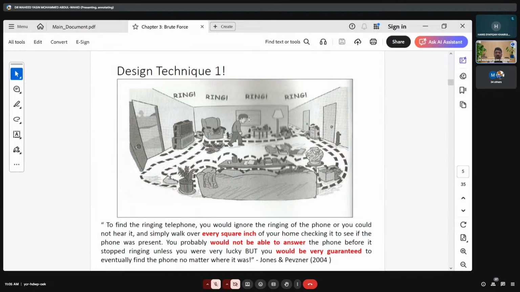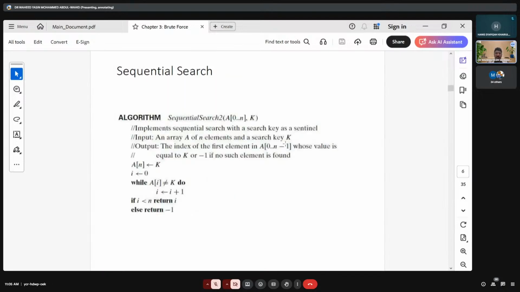Here we go over all the home searching for the phone. Maybe I didn't get the phone before it stopped, but I will get the phone even if it is not ringing. We call this sequential search.